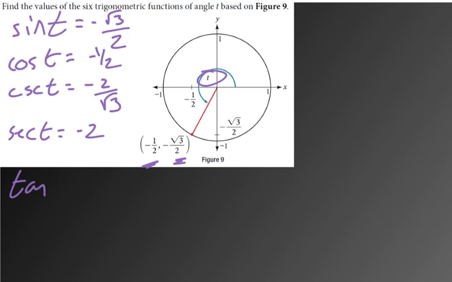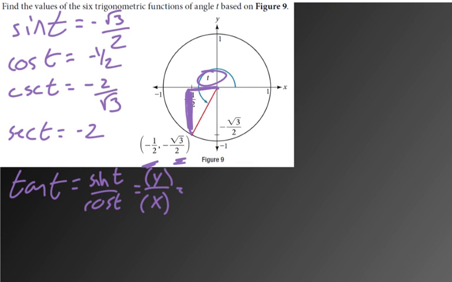And then for tangent, you would just do sine over cosine. So sine of t over cosine of t. Or you can just do, of course, y over x, right? So it's just really the y value over the x value. And so in that case, we would get √3.